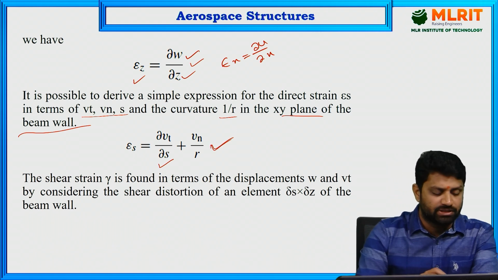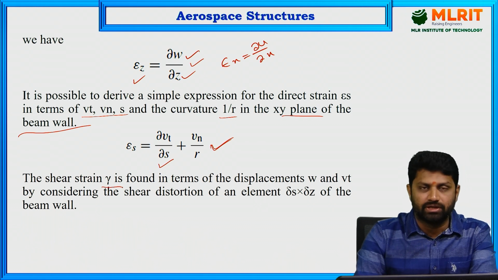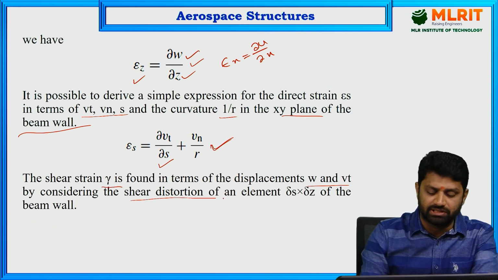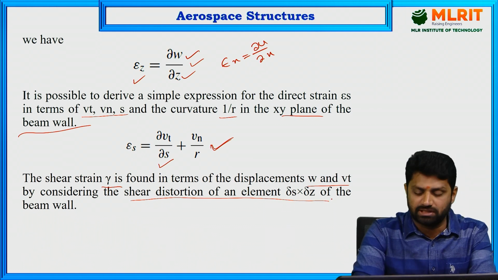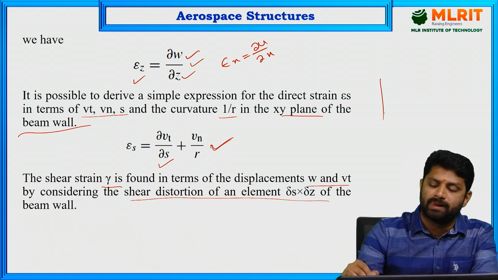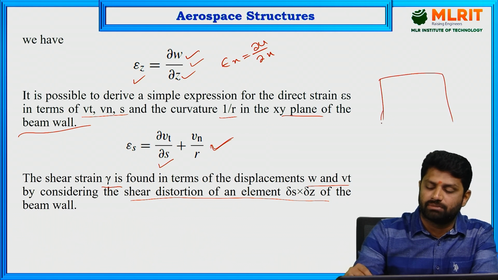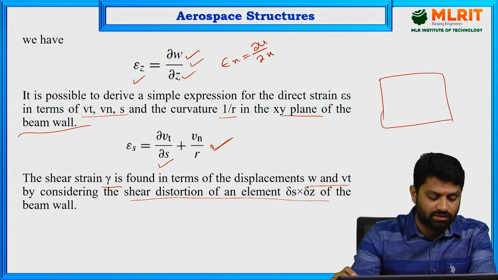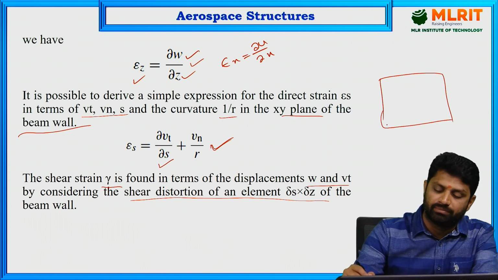Now the shear strain gamma is found in terms of displacements W and Vt by considering the shear distortion of the element delta S cross delta Z of the beam wall. What is the shear distortion? Because of the shear forces or shear stresses that exist on the beam, you may get a distortion like this.